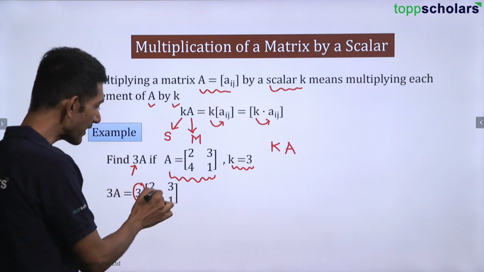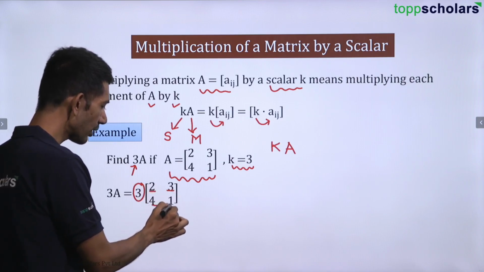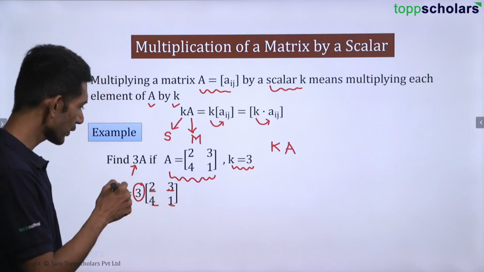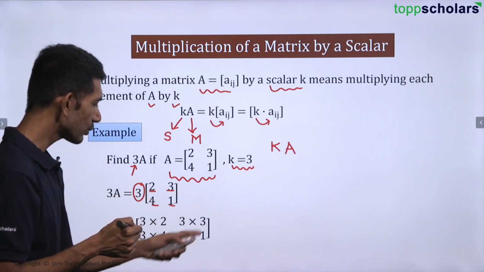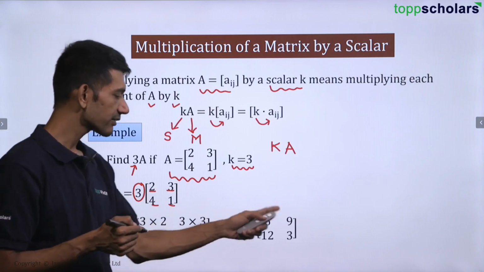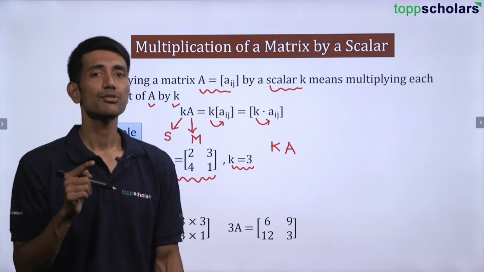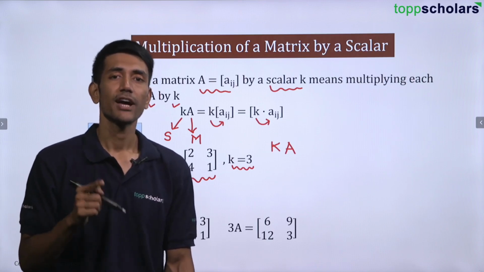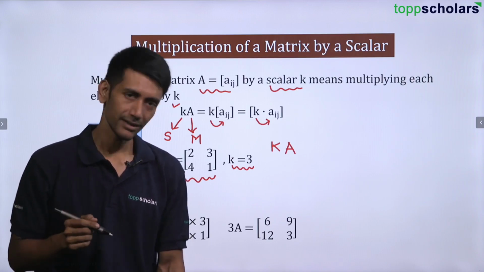It is multiplied to every element. So 3 will be multiplied with 2, with 3, with 4, with 1, everyone. So here 3 into 2, 3 into 3, 3 into 4 and 3 into 1. And the final answer that you get is 6, 9, 12, 3. I hope this is clear that the scalar is multiplied to each and every element of that particular matrix.